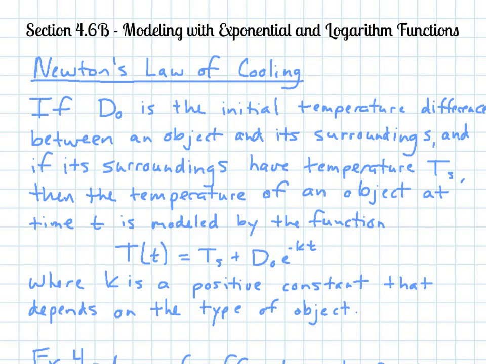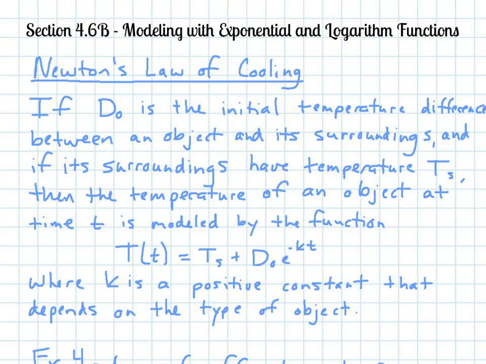So let d sub 0 be the initial temperature difference between an object and its surroundings, and if its surroundings have a temperature of T sub s, then the temperature of an object at time t can be modeled as T of t, so capital T of little t, will equal T sub s plus d sub 0 times e to the negative kt power.